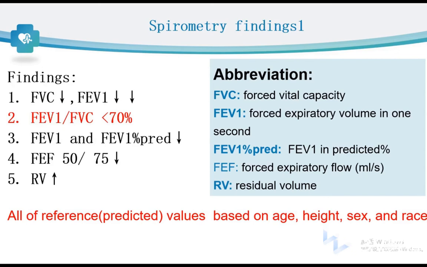Others, we can also find the decreasing of the FEV1 in predicted and PEF 50 and 75. Those data mean the small airway narrowing. And finally, we can find increasing in RV shows the emphysema.